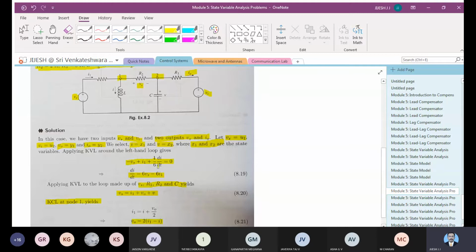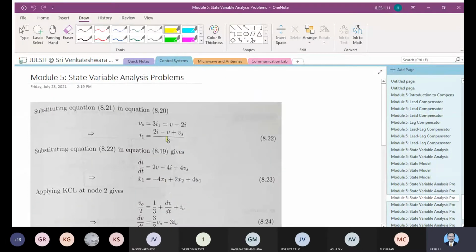Here two inputs and two outputs are available, so you go with u1 and u2, and the outputs will come as y1 and y2. Let me proceed further with the problem. As we have discussed, by substituting equation 8.21 in equation 8.2, you can get I1 is equal to this. This is what you get when you substitute that.